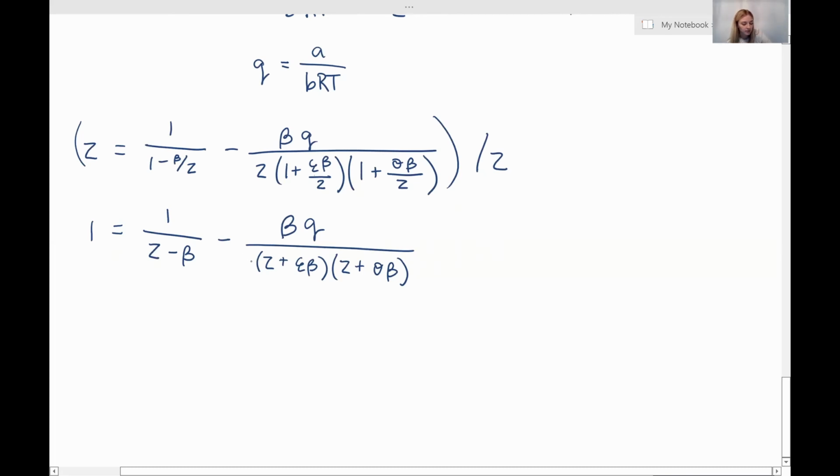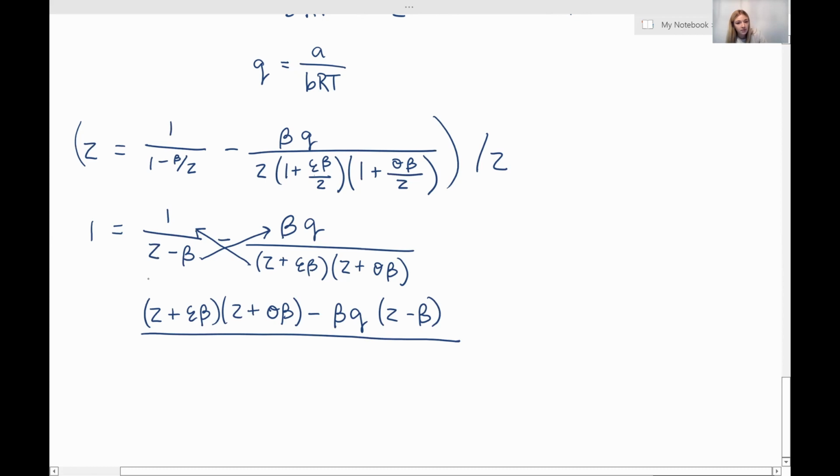So if we multiply this by that, just as a visual for you, we'll have Z plus epsilon beta times Z plus sigma beta minus our BQ times our Z minus beta, sorry, all divided by our common denominator, Z minus beta times Z plus epsilon beta times Z plus sigma beta.